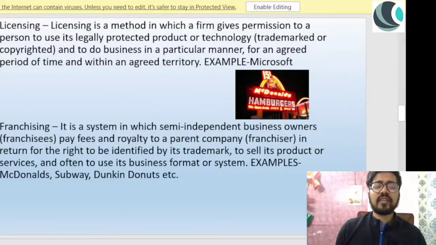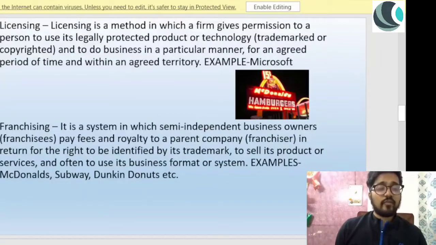So that's an example of licensing because Microsoft is a legally protected product or technology, and every laptop company, be it Dell, HP, Lenovo, they have to take a license, and then only they can use it in their laptops, right? So this is an example of licensing. I hope you can easily relate it now.